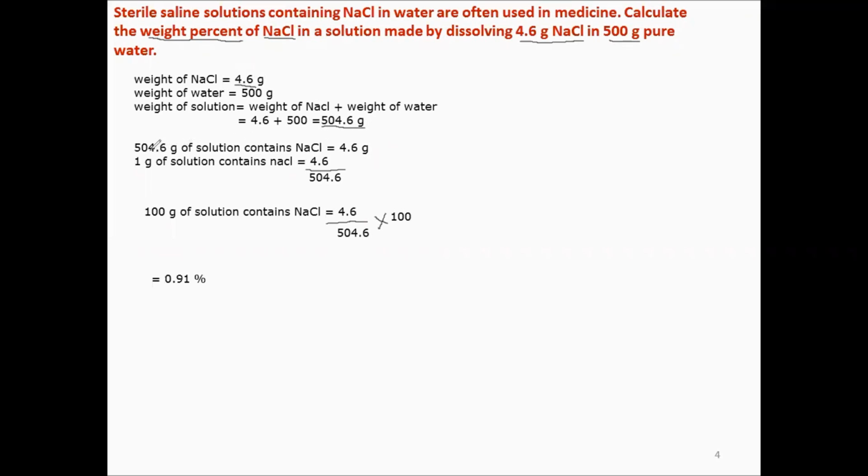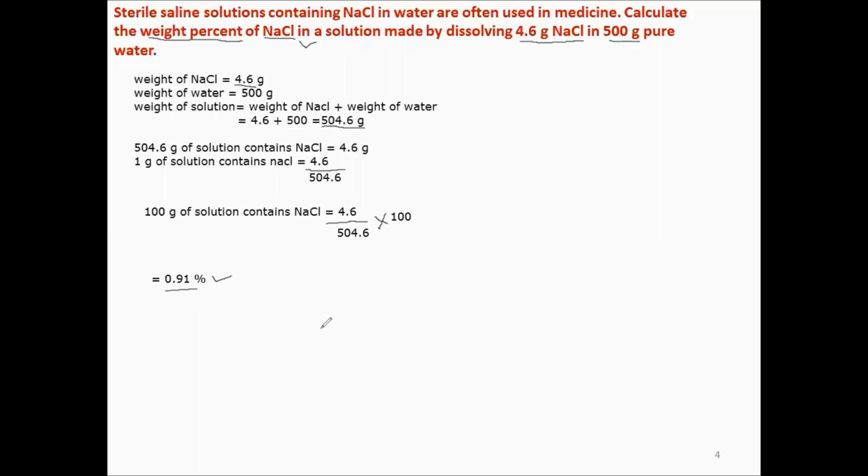We said 504.6 gram solution contains 4.6 gram NaCl, 1 gram will contain 4.6 divided by 504.6, and for 100 gram of solution it is 4.6 divided by 504.6 multiplied by 100, which comes out to be 0.91%. So this is the weight percent of NaCl.